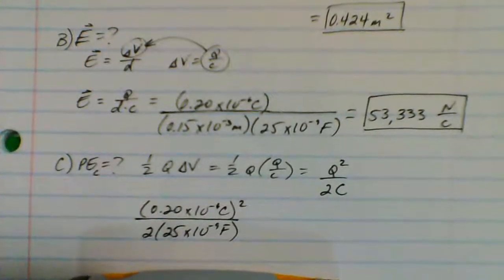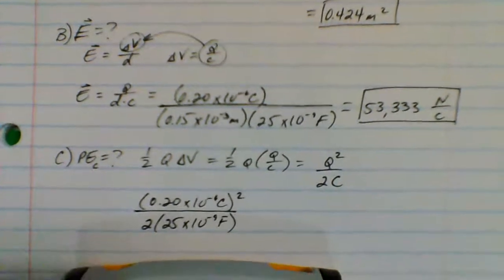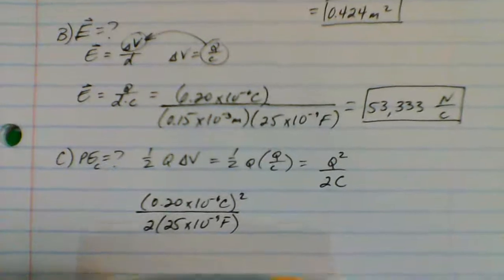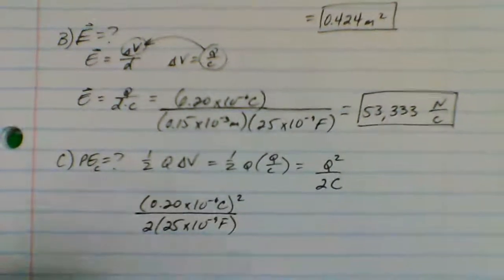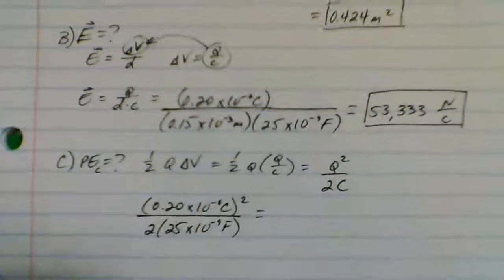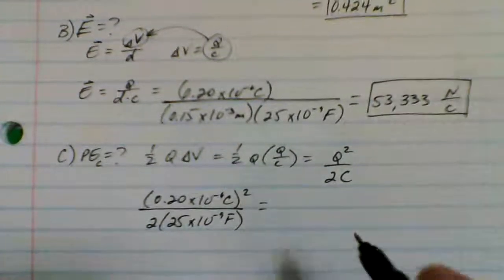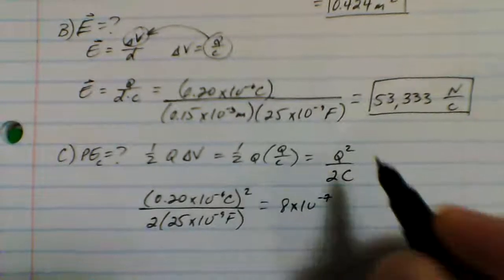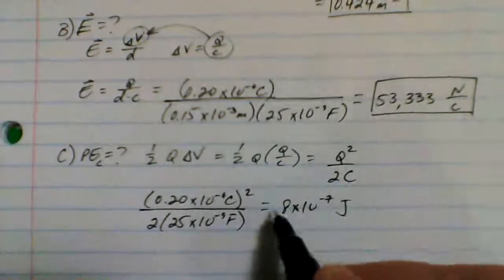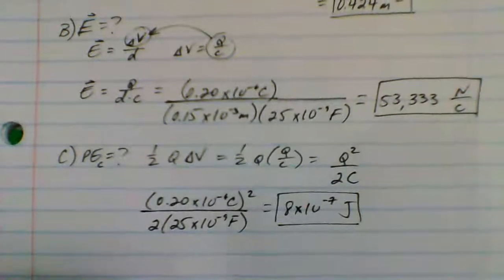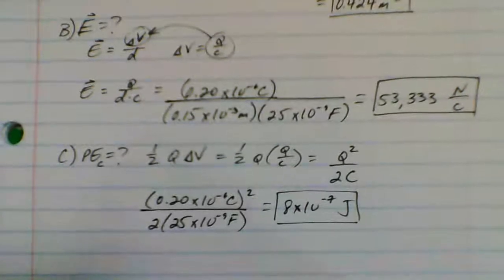That matches up. Divided by 2 times 25 times 10 to the negative 9th. There we go. When we plug all that in, the value that we get back is 8. It's exactly 8 times 10 to the negative 7th. Potential energy is going to be joules. If you guys follow through with coulomb squared per farad, that's going to end up being joules.